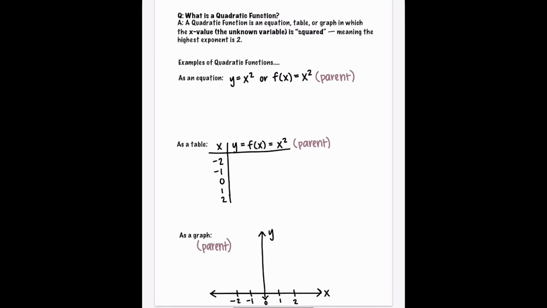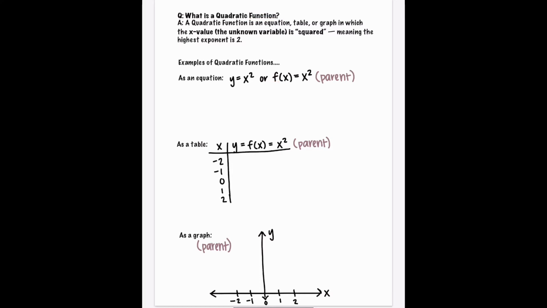As an equation, the parent function, or the most basic form of this function, is y equals x squared. Sometimes, instead of seeing y equals, you might see f of x. Well, remember how we called this a function? That's kind of where this f of x comes in.